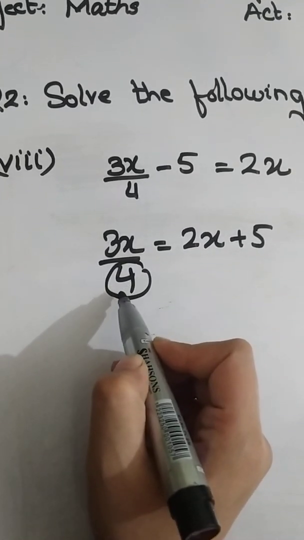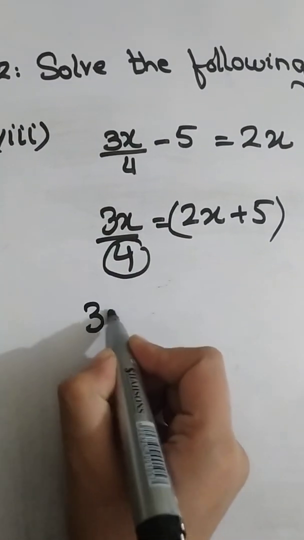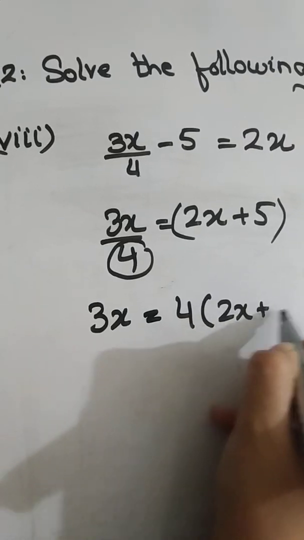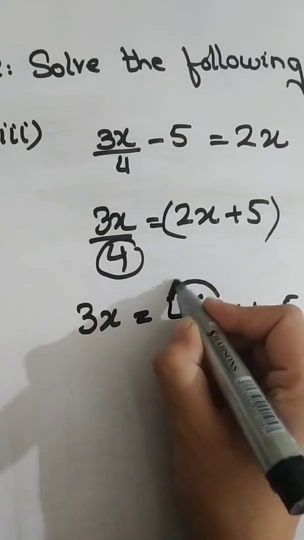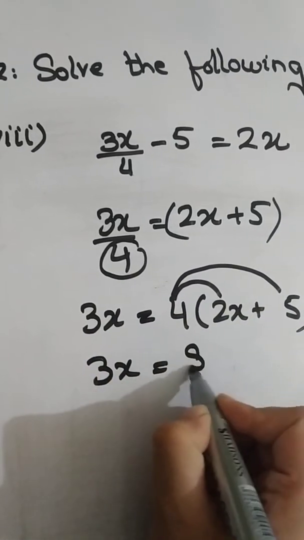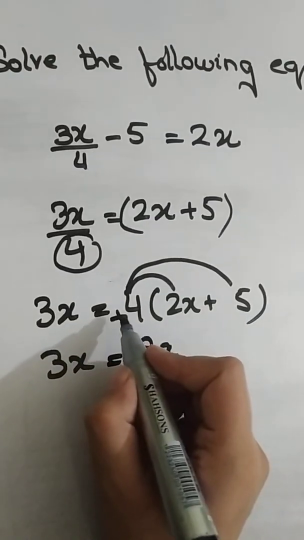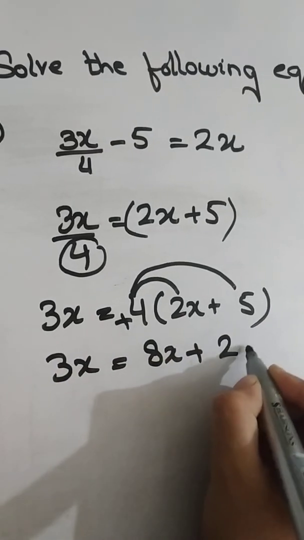In the next step it will be multiplied with these two values. So 4 will multiply by this value as well as this value. 4 twos are 8, 8x, plus, here the sign with 4 is not given, so it is plus. 4 fives are 20.